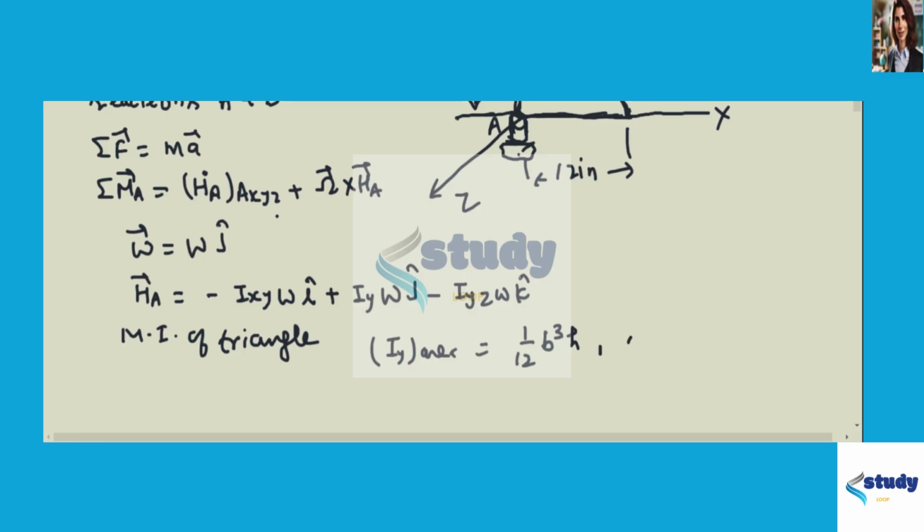Here A is equal to half b into h. Iy by mass is equal to M upon A times Iy by area. So it becomes 1 by 6 m b square.